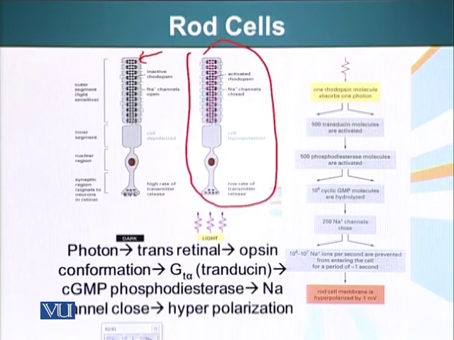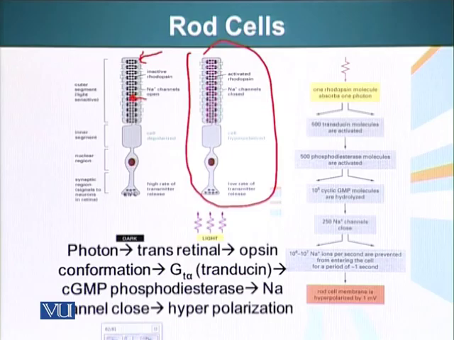Now the signal has been transmitted from this region of the cell to the membrane, because once the cyclic GMP is degraded, it will no longer be able to open those ion channels. When ion channels are closed, the neuron will become hyperpolarized and it will not be able to inhibit. When this inhibition is restricted, the signal is sent to the neuron and to the brain, and it can create one image. The brain will detect that one photon.